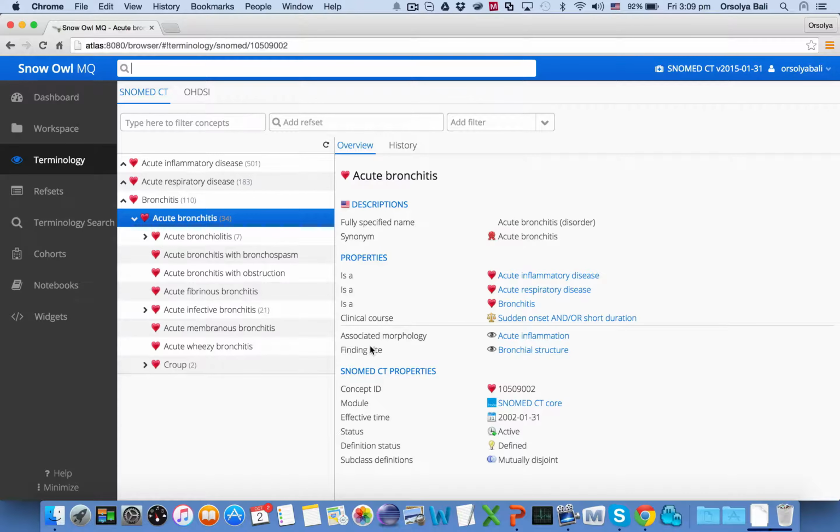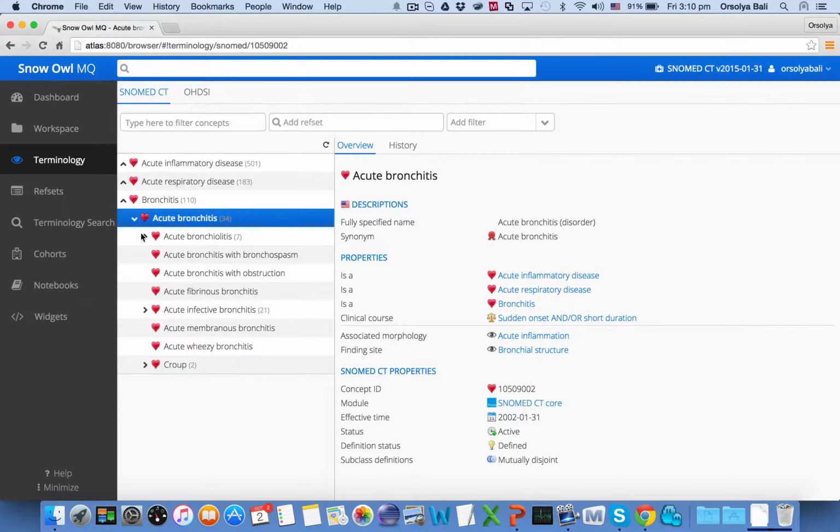The only thing that we know about them is that they're all located in the bronchial structure. This is one very important differentiation between SNOMED CT and single axial simple classifications: it's not only a lexical search that we can execute here, but we can look at what the actual meaning of that clinical concept is, and we can create groupings of concepts based on that meaning.